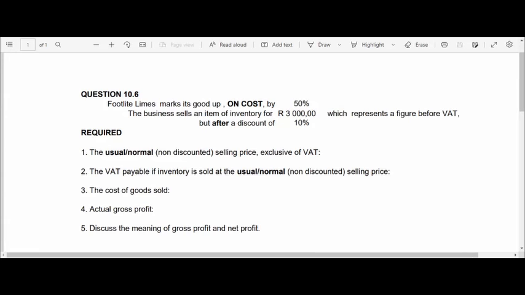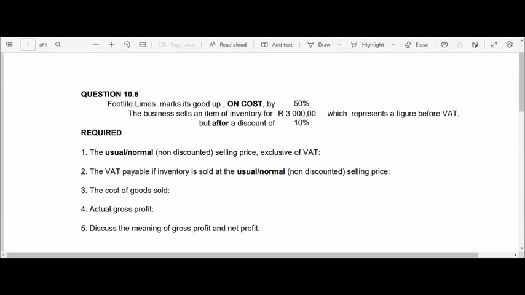They say the usual normal non-discounted selling price exclusive of VAT, the VAT payable if inventory is sold at the usual normal non-discounted selling price, the cost of goods sold, actual gross profit, and then a discussion of the meaning of gross profit and net profit. Well, that's very straightforward. You all know that, but we'll give you a suggested answer there.